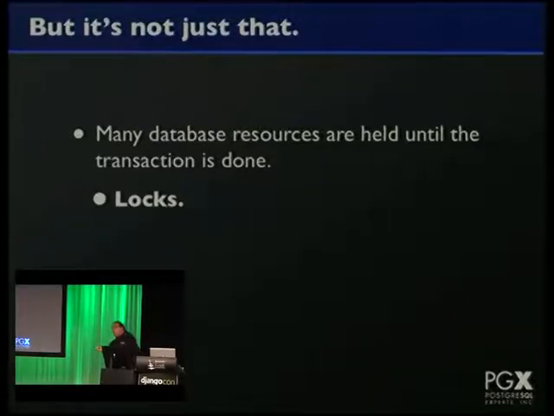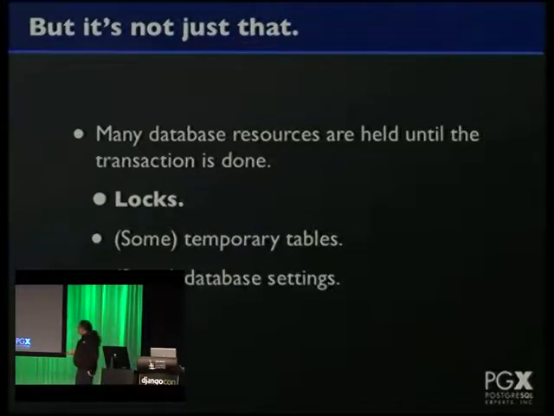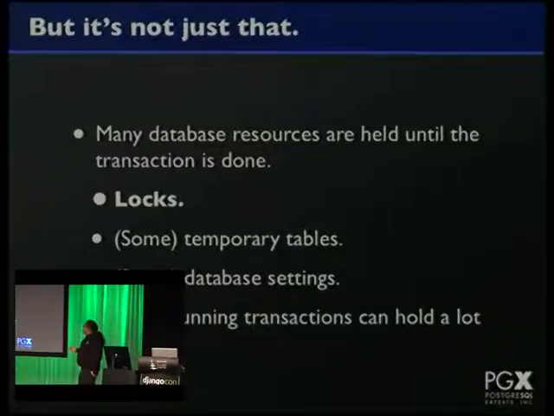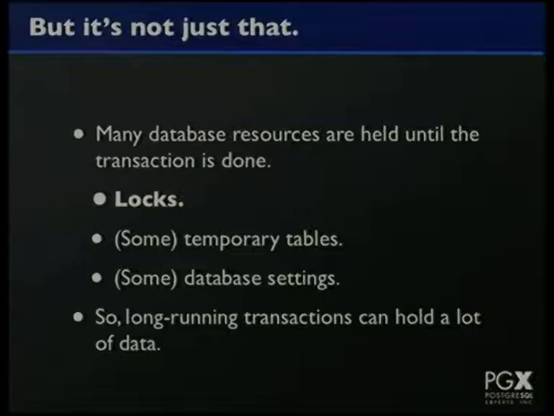And locks are an in-memory structure in Postgres. Some temporary tables are scoped to transaction boundaries, and some database settings. But the important thing to remember is that a long-running transaction can hold a lot of data inside of memory and can be a source of a lot of problems.